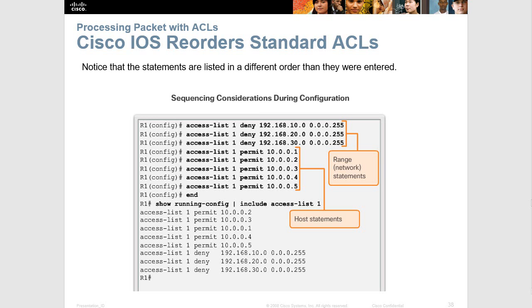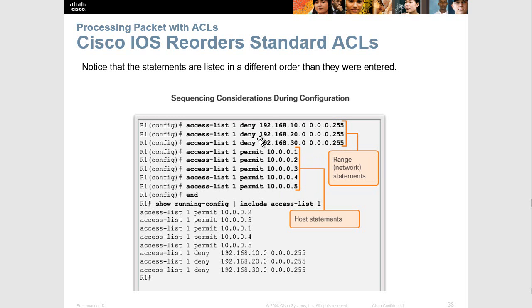In this example here, we have the creation of your access list. Access list 1, deny, deny, deny, network ranges. Then you have a bunch of host entries, which is fine because these hosts don't conflict with the network entries up here.